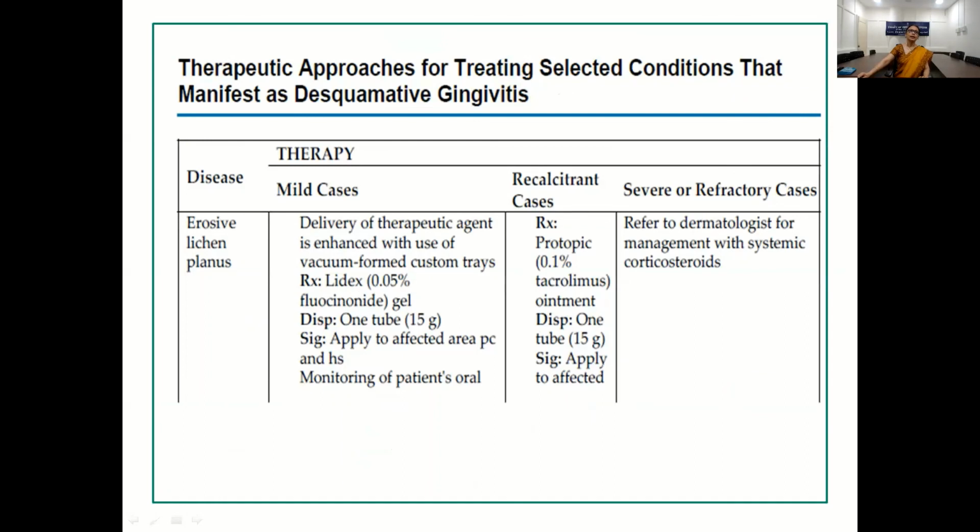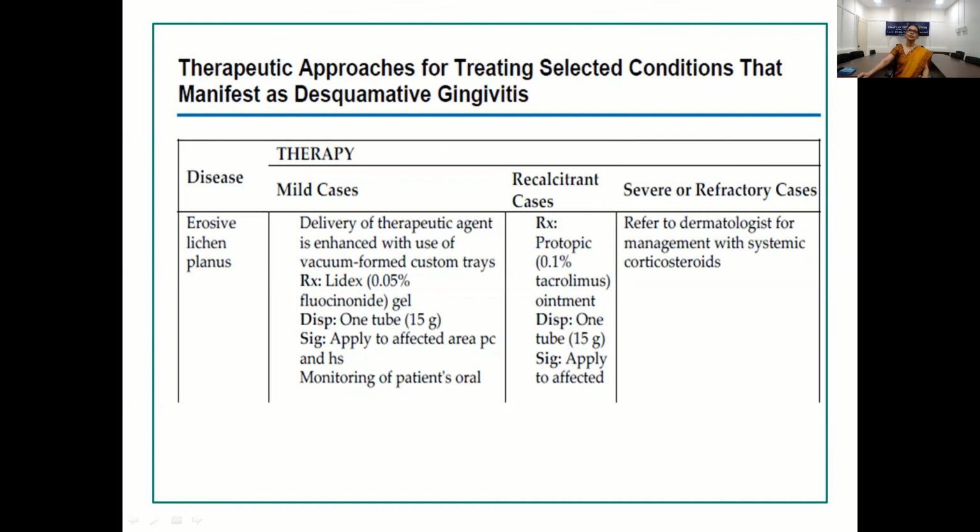Now, we'll see the therapeutic approaches for treating selected conditions that manifest as desquamative gingivitis. In erosive lichen planus, you have to give the therapeutic agent Lidex, which contains 0.05% fluocinonide gel for topical application.